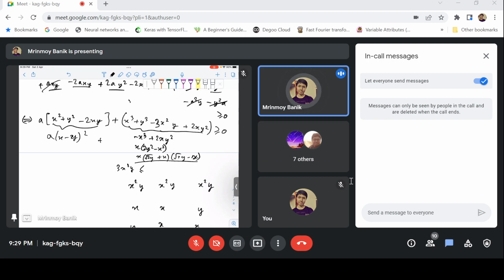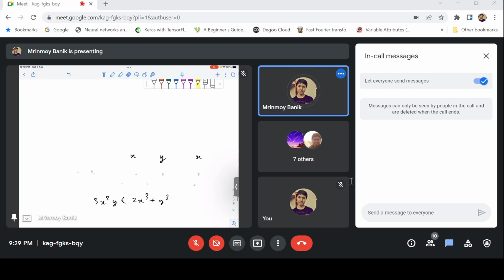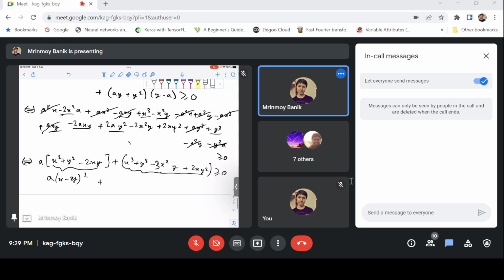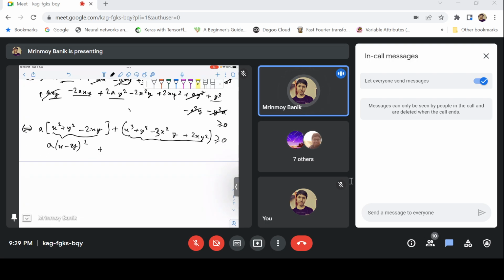If we replace everything with y here, so everything with y, this whole thing is greater than or equal to x minus y squared plus y cubed plus y cubed minus 3y cubed plus y cubed. Right, so then it's surely positive.